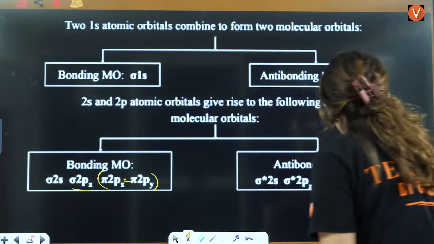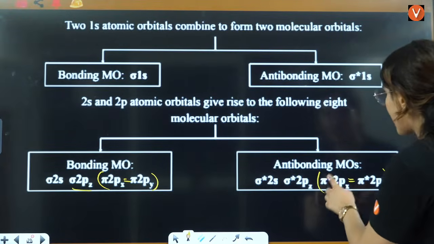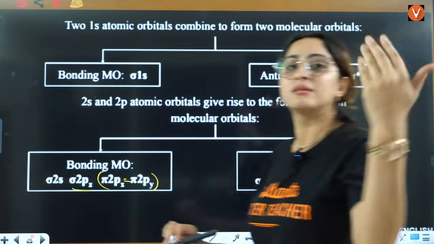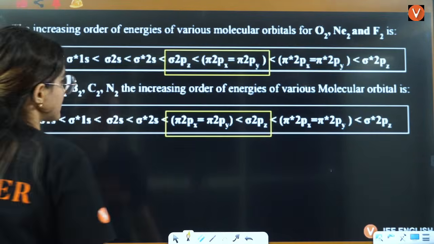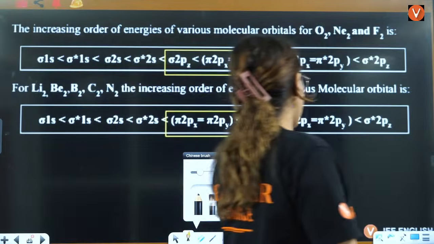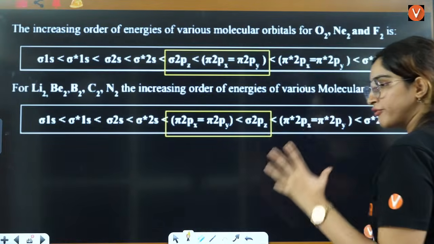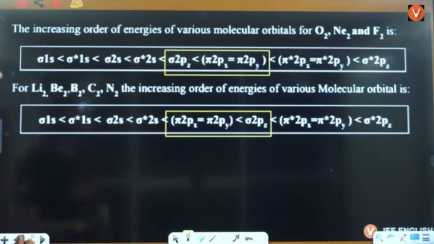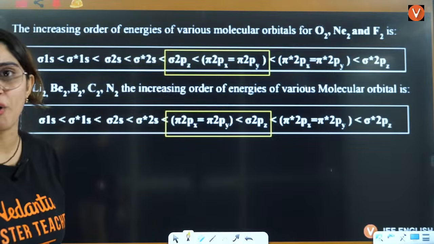Anti-bonding can be pi star; always in anti-bonding, in these cases just apply star, that will be the anti-bonding case. Now let's understand what the electronic configuration is here. Just remember the electronic configuration and you are sorted. Now how to apply the electronic configuration?